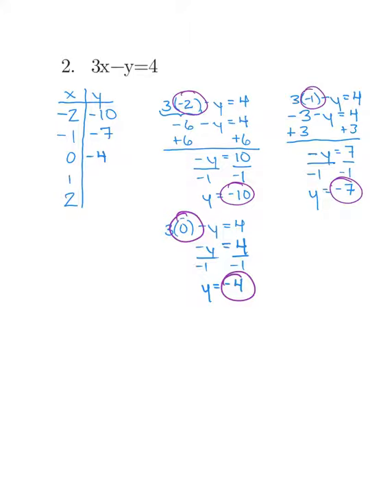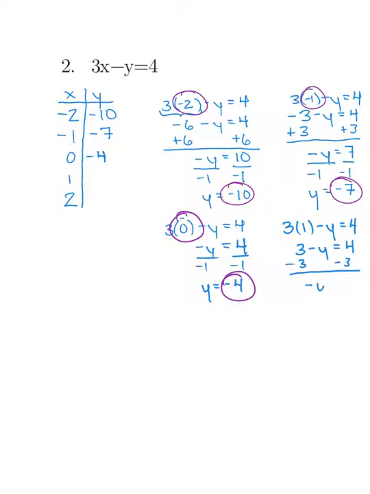All right, 2 more to go. The next one, we want to plug in 1. So I'm going to replace x with 1. And again, solve for y. So we get 3 times 1 is 3. Bring everything else down. I want to subtract 3 from both sides.